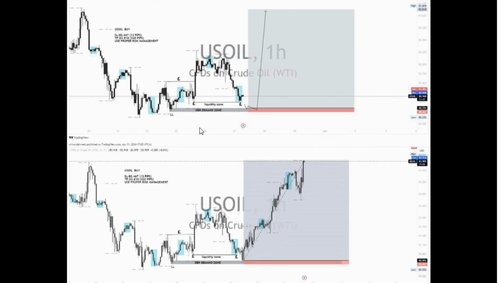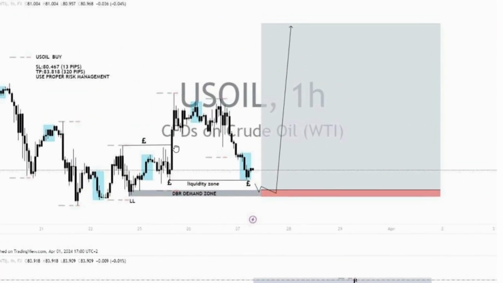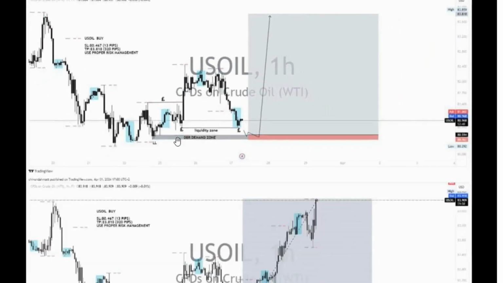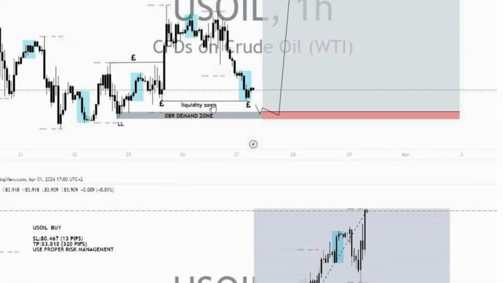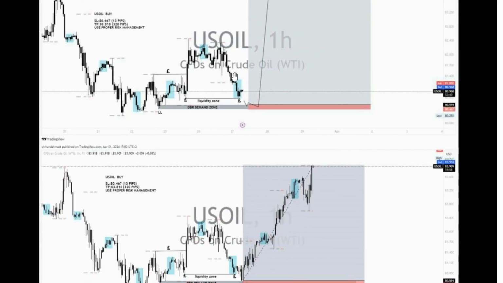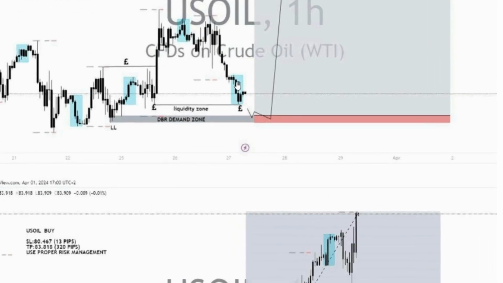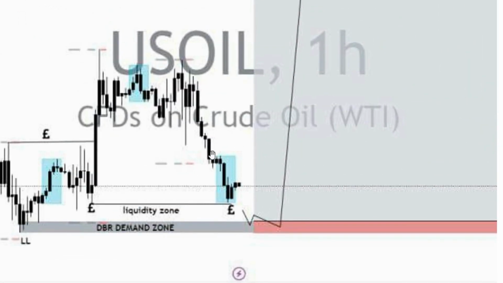So this was a setup on USO. You can see that right here we had a drop base rally, break of structure to the upside by big momentum candles, and guess what? We had equal lows which were left behind right here. And then what did we have? We're just waiting for the Asian session. You can see that the Asian session was here, and we were just waiting for the market to take this out.